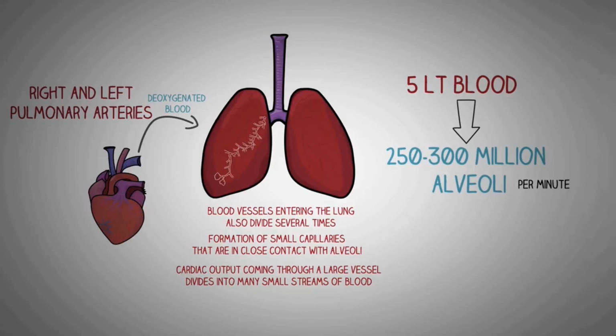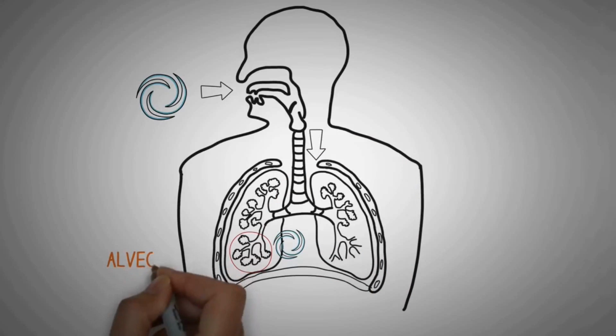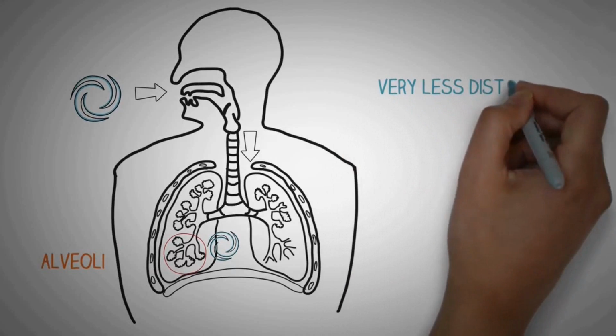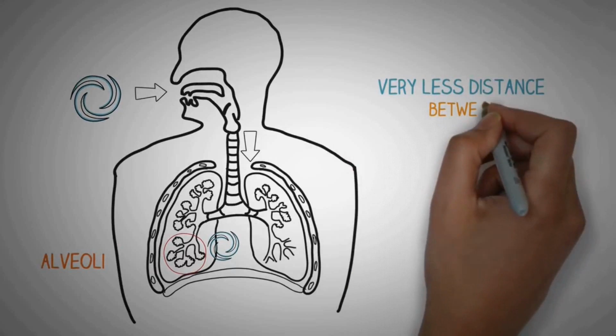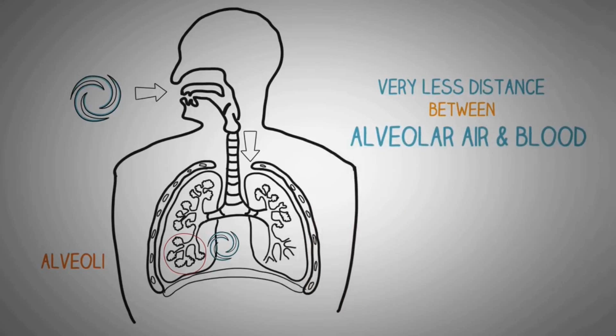Due to this, a rapid gaseous exchange happens between the alveolar air and the blood that is exposed to the alveoli. Now let's try to understand how the actual gas transport happens inside a single alveolus. The air that we inhale passes through our respiratory tract deep into our body into a bunch of structures called alveoli. This is important to create a very small distance between the alveolar air and the blood.